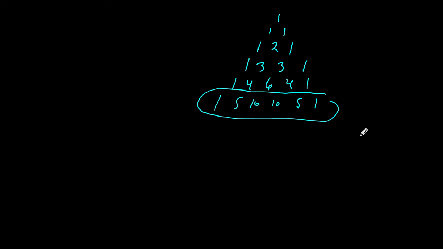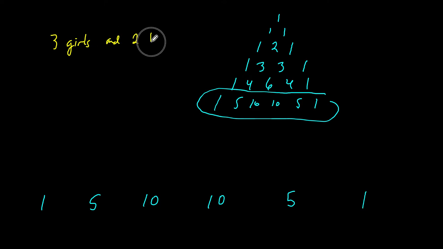So how do we answer things like this? We put it like 1, 5, 10, 10, 5, 1. Remember that the newlywed couple wants to have 3 girls and 2 boys. Take note that we can only focus on one gender.